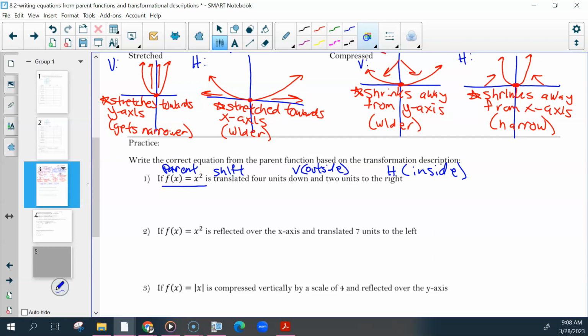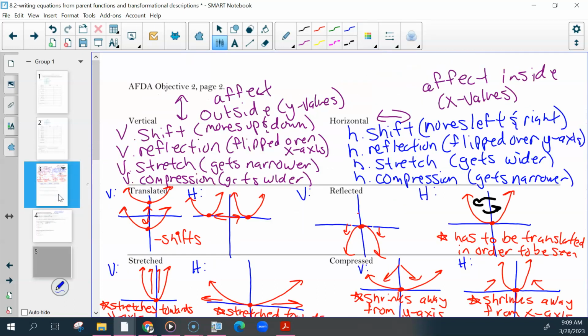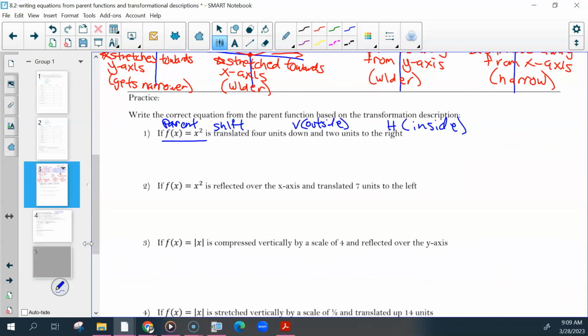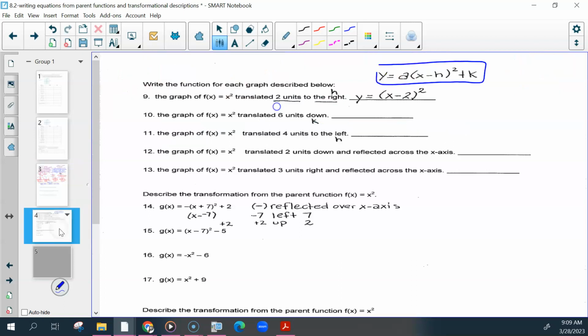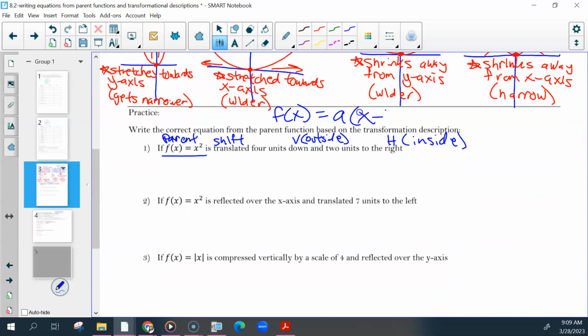Then we can start to put these things together. Almost all of our functions will have this format, so I'm going to write this up here. f of x equals a, then parentheses, x minus h squared, plus k.